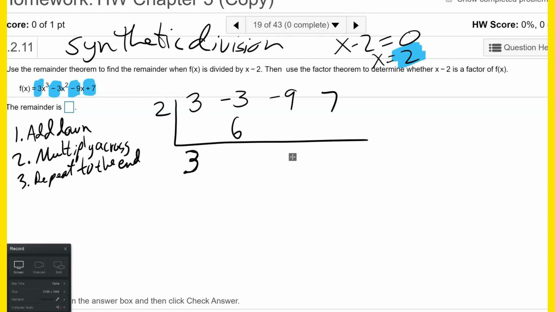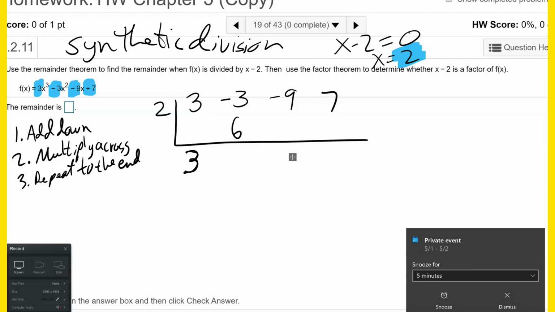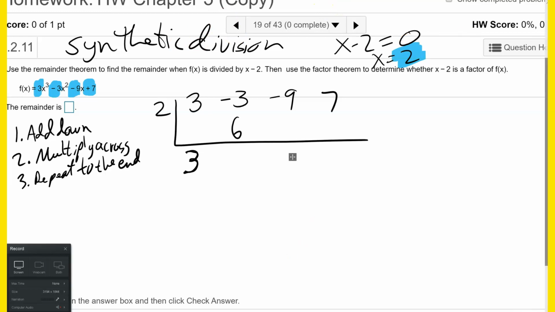Then I repeat the same process. I add down: -3 plus 6 is 3. Then I multiply across: I take the 2, multiply it by the 3 I just wrote below the box, and write the result below the next number. So 2 times 3 is 6.